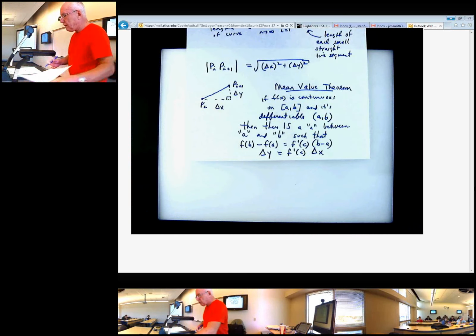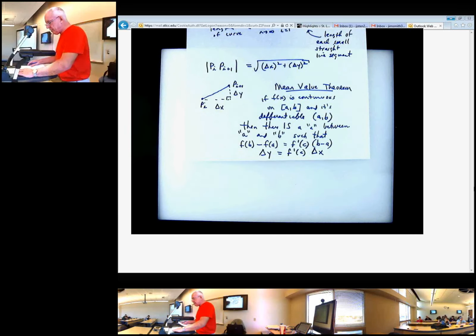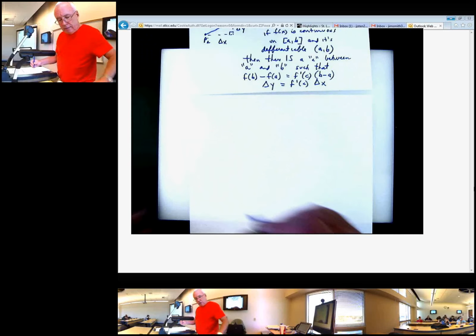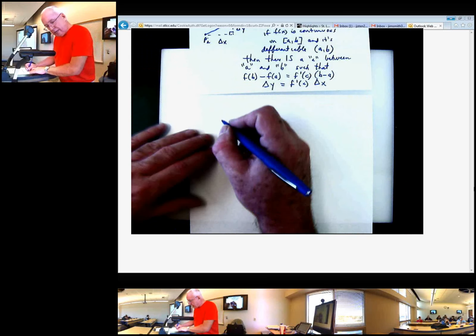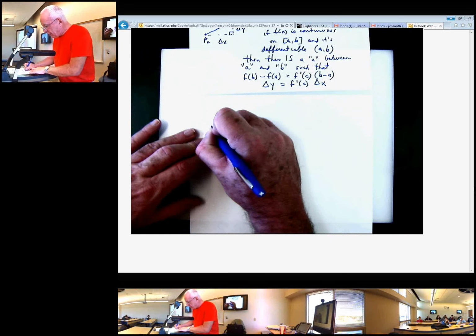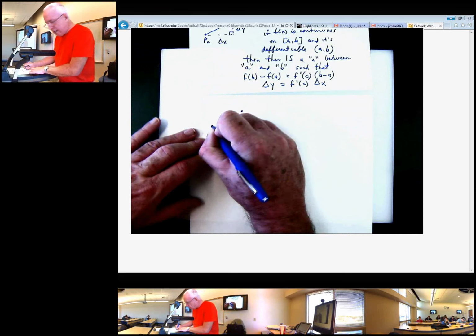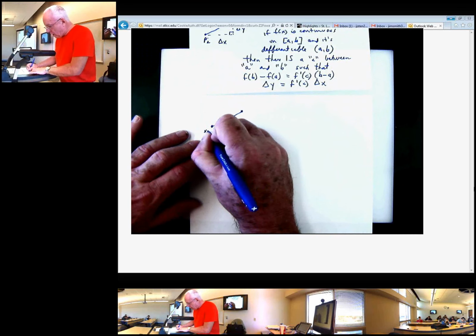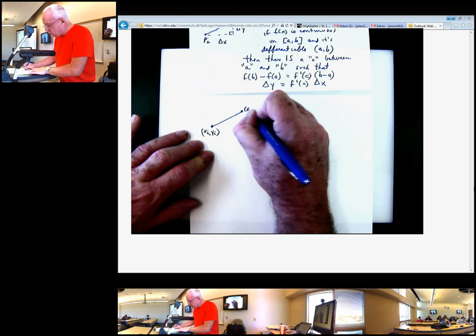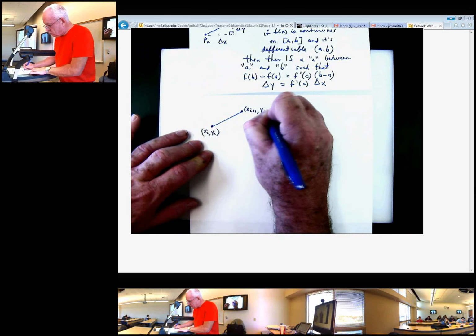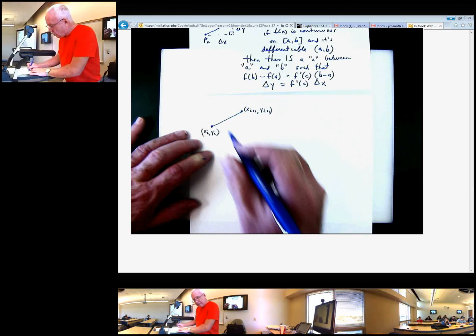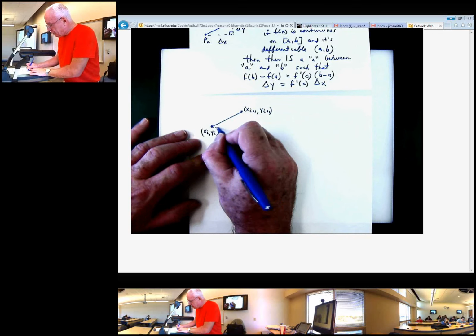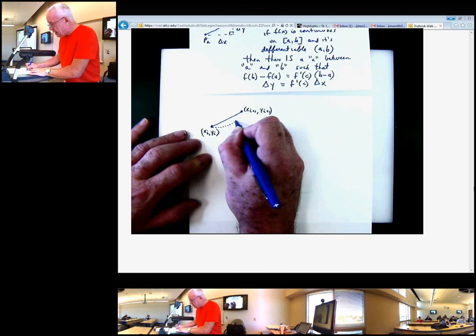So let's look at one of these little line segments here. So again, let's go back and look at a straight line segment joining, say, x sub i, y sub i, and x sub i plus 1, y sub i plus 1. And let's say that our curve, I'll draw as a dotted line here.